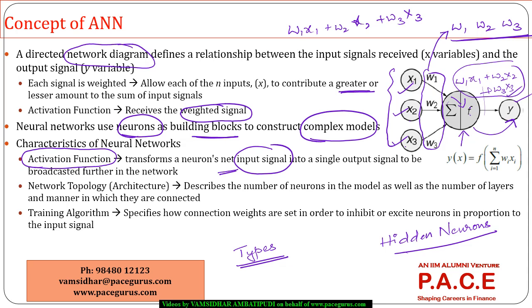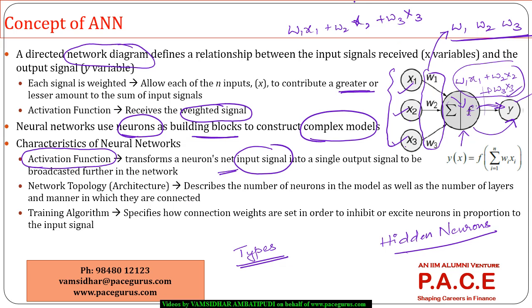The activation function converts it into a single output signal, so it does some calculation on that input. We will see what it does. It does some kind of calculation on that input signal and converts it into an output signal, and that output signal is broadcasted further into the network, which means it could go to the next layer.